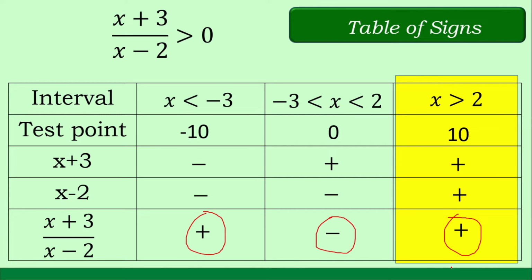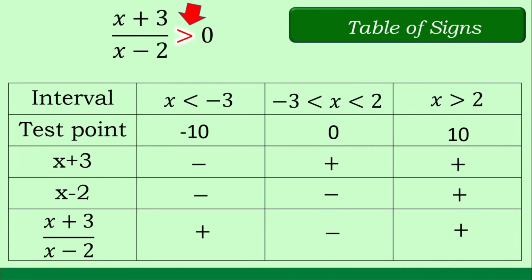Now, for our next step is, we need to look at the given inequality symbol. Since we already have here a single fraction and a 0 at the right side, we need to remember our inequality symbol. That means this rational expression is greater than 0. To clarify, it means that this rational expression is equivalent to a set of values that are greater than 0.